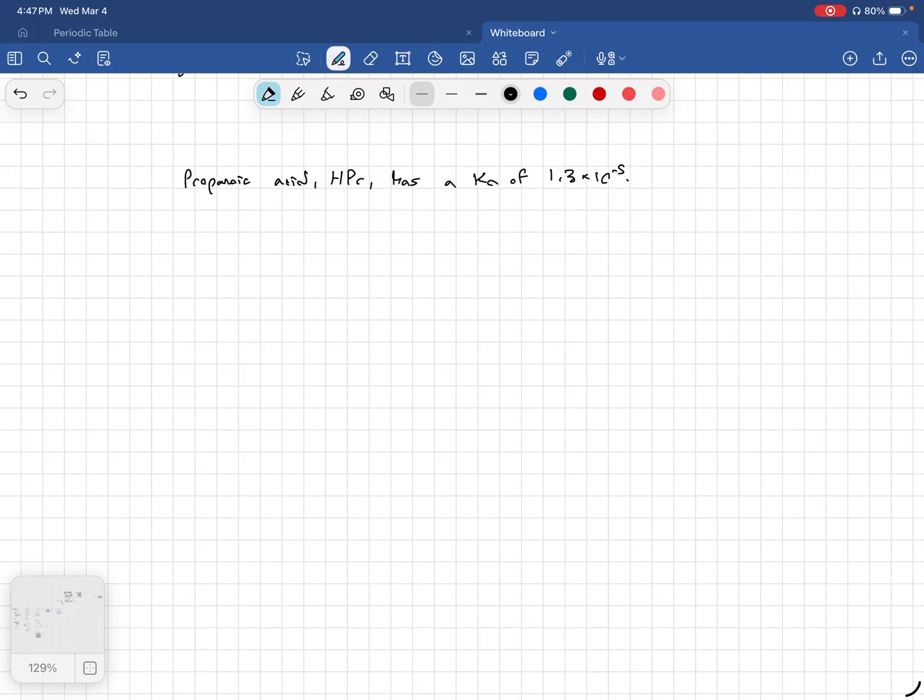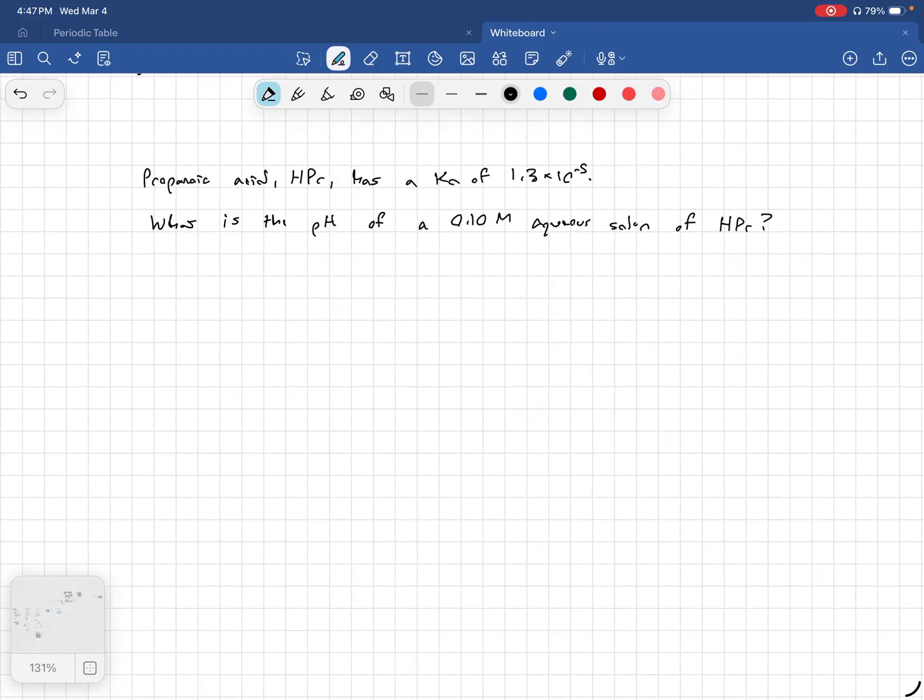And what we want to know is, what is the pH of a 0.10 molar aqueous solution of HPr? Okay, what is the pH of this?